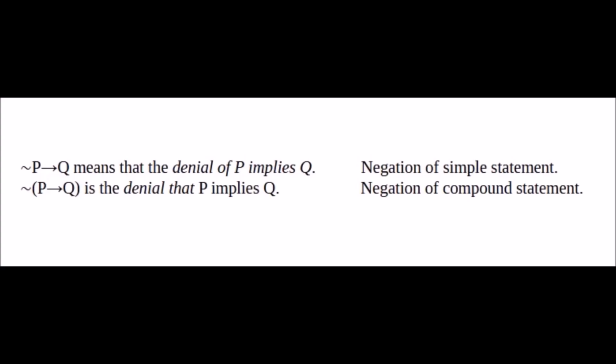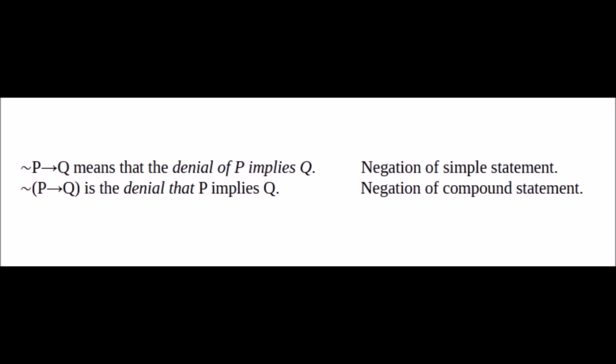An important thing to bear in mind here is to make sure you have the right meaning when reading or deciding in writing whether to have the tilde within or outside of brackets, because it can change what is being negated. As a general guide, we have here that not P implies Q means the denial of P implies Q, and not bracket P implies Q is the denial that P implies Q.